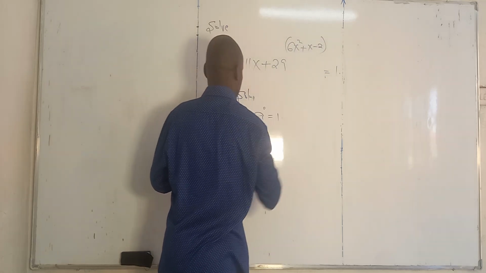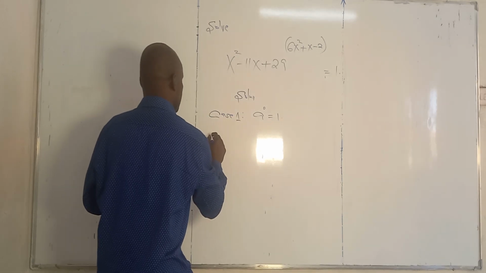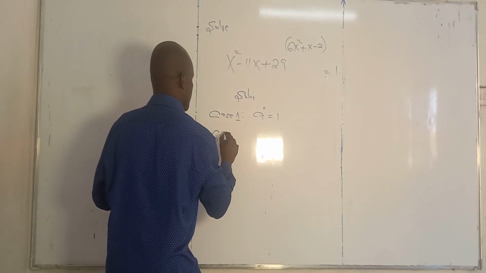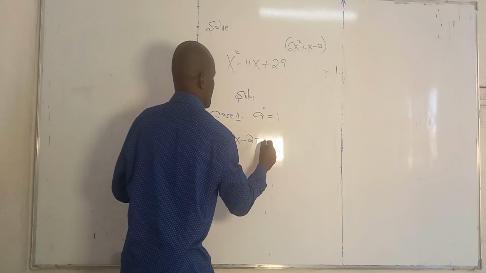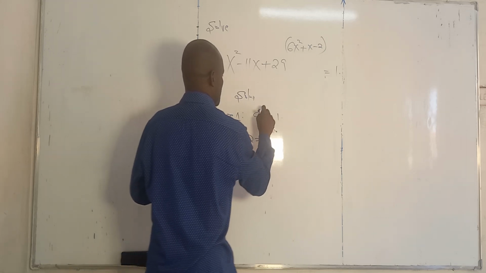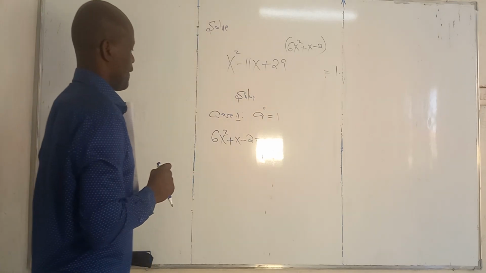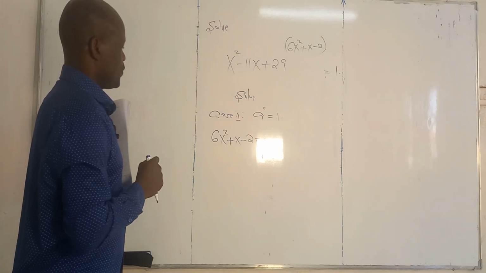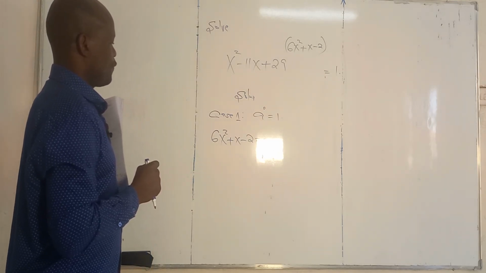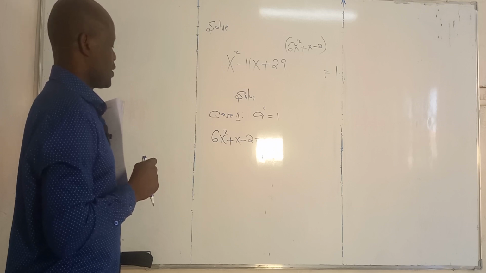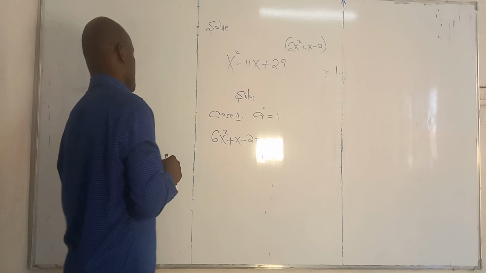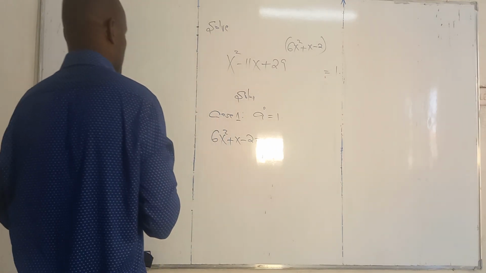So in which case this is equal to 0. So I'll say that now 6x squared plus x minus 2 is equal to 0. And this is quadratic. So we look for two numbers whose product is 12 and sum is 1. It's easy to see that that should be 4 and minus 3.